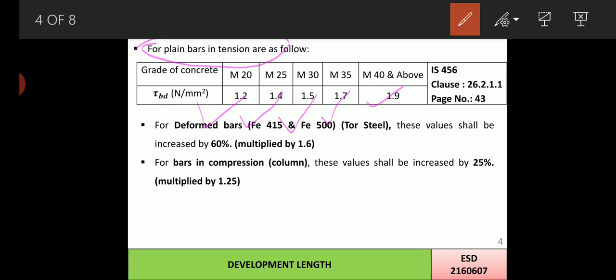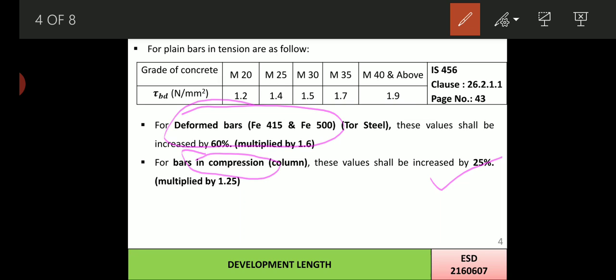But when the bar changes from plain to deformed bars, for example Fe415 and Fe500, this value shall be increased by 60%, means multiply by 1.6. And when bars change from tension to compression, for example a column is a compression member, this value shall be increased by 25%.